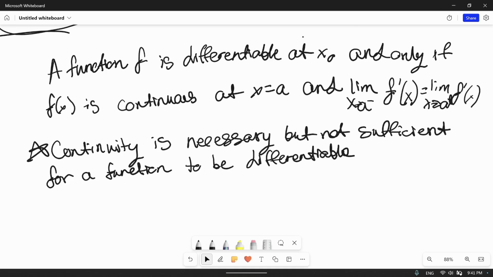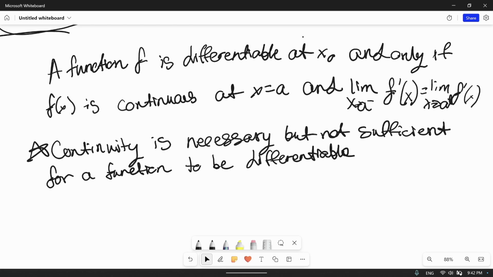A function f is differentiable at x naught if and only if f of x is continuous at x equals a, and the limit as x approaches a from the left of the derivative of f is equal to the limit as x approaches a from the right of f prime.